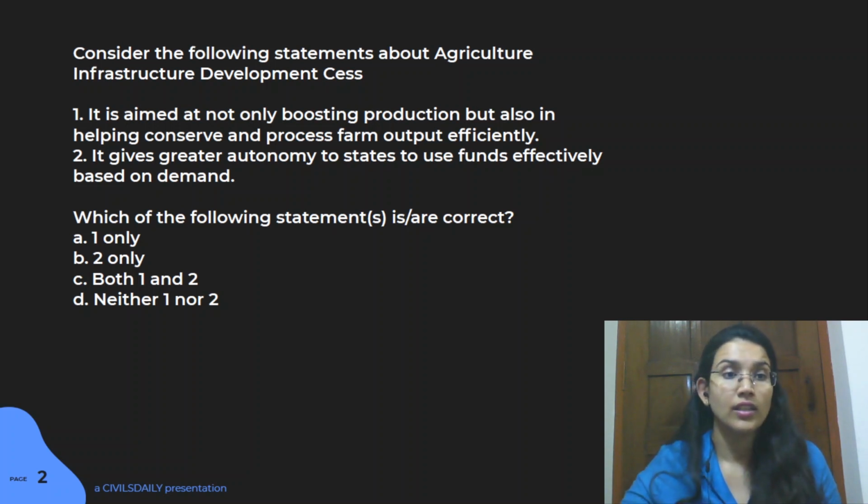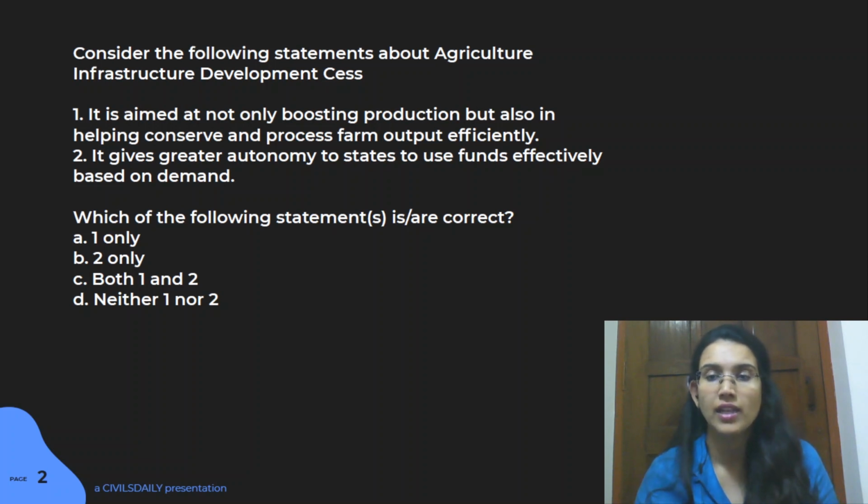So the answer, if you look here, number one thing is that whenever we're talking about any cess, not just agricultural cess or any other cess, you have to know what is the basic definition of a cess or a surcharge, right? That is very important if you want to attempt the second statement here.